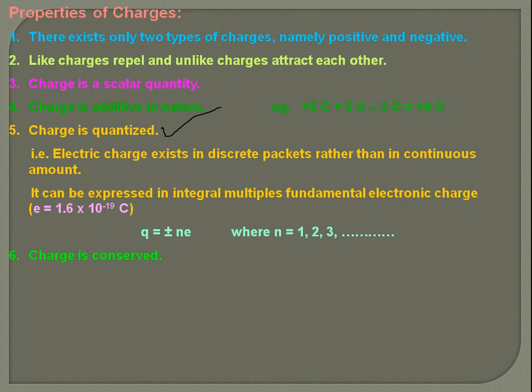This body gives plus q charge, or this body has given q charge to the other body. So this charge will not be wasted. This body will get a deficiency, that body will get a positive charge, that is plus q, and this body will have negative q charge. But the algebraic sum of these two charges will be 0.